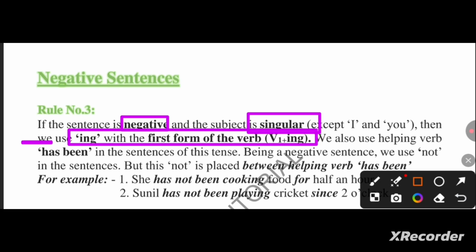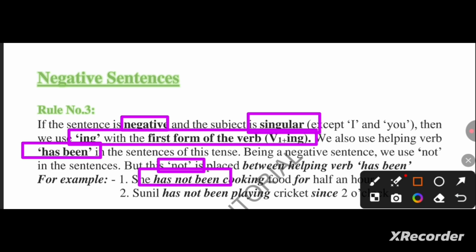Helping verb has been is used, but we have to keep in mind if the sentence is a negative one, we have to use the word not between has and been. We have to use this way, has not been. Here not has been used between has and been.